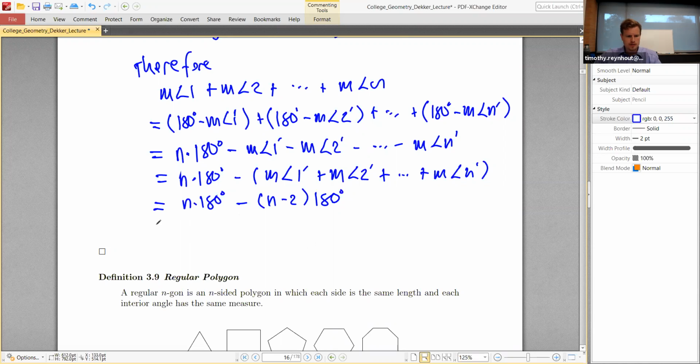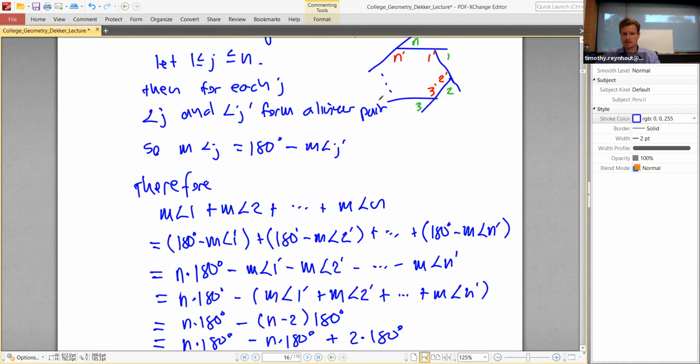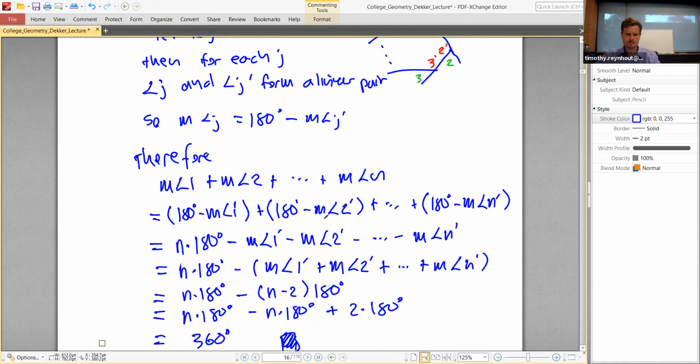So here, this is equal to n times 180 minus n times 180 plus 2 times 180 degrees. Of course, these cancel out, leaving us just with 360 degrees, which is what we wanted to show. We wanted to prove that the sum of the exterior angles is 360 degrees. Excellent.